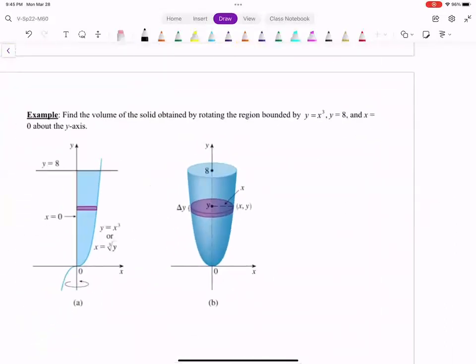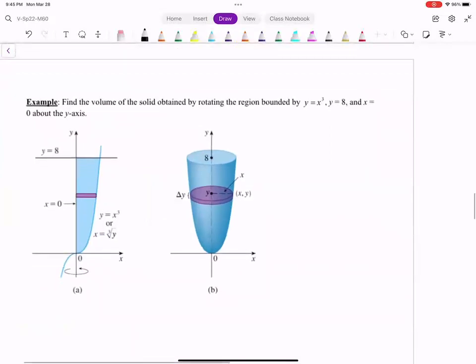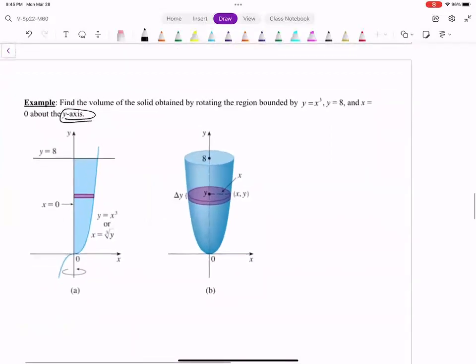So let's try another problem where the rotation is about the y-axis. Find the volume of the solid obtained by rotating the region bounded by y equals x cubed, y equals 8, and x equals 0 about the y-axis. So what is the curve we are using here? y equals x cubed. What is it bounded by?